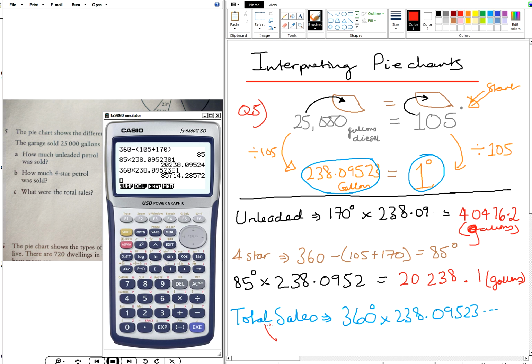So the total sales is 85,714.3, rounding to one decimal place, gallons of fuel, including petrol, diesel, and 4-star.